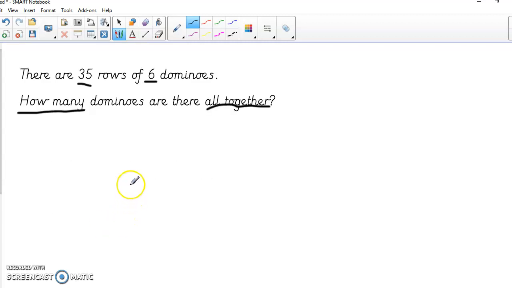Now, because I am doing the formal short method, what I need to do now is to write down the number and then do my calculation.